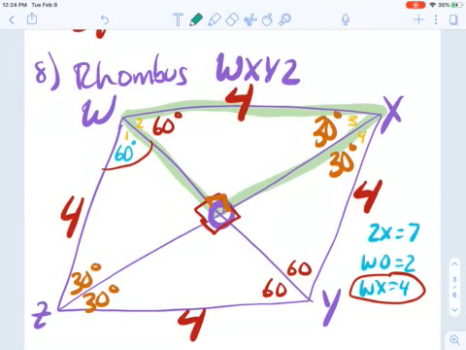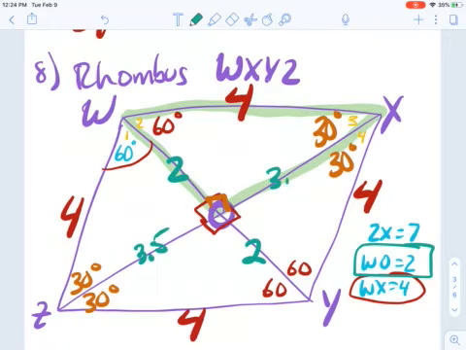Next, looking at the fact that WO equals 2, because the diagonals bisect each other, that means OY is also 2. And then because the other diagonal is 7, it splits up into 3.5 and 3.5.